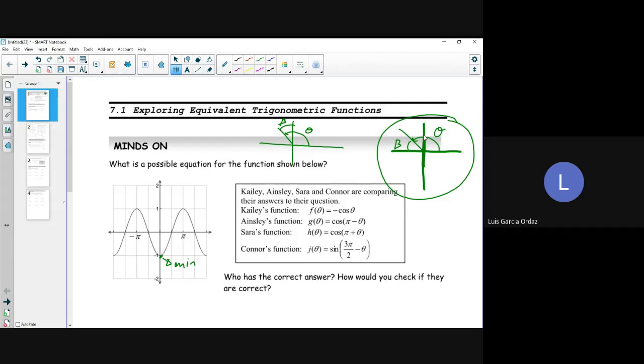Ainsley's function is g of theta equals cos of pi minus theta. Sarah's function is h of theta equals cos of pi plus theta. And Connor's function is j of theta equals sine of 3 pi over 2 minus theta. So who has the correct answer, and how would you check if they are correct?